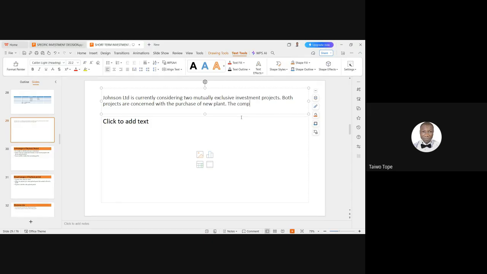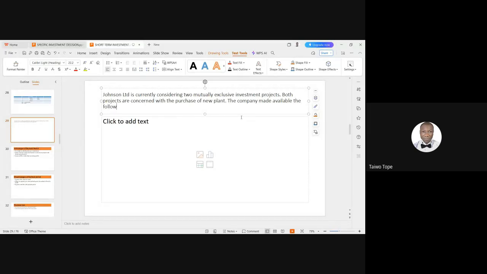The company made available the following data for the projects.